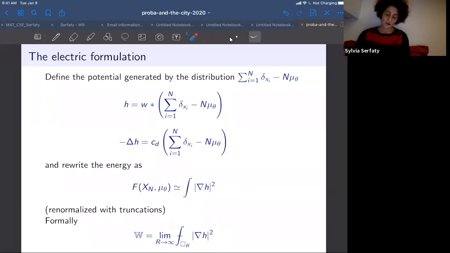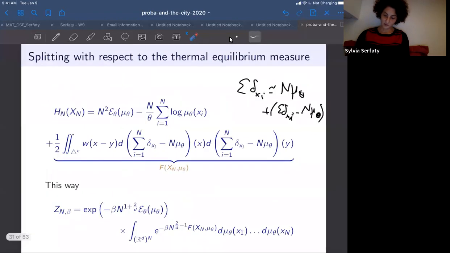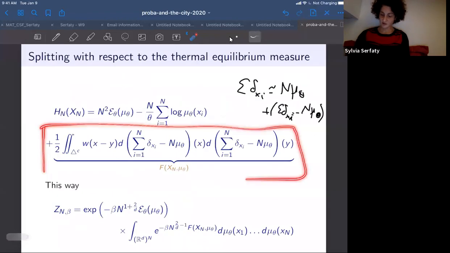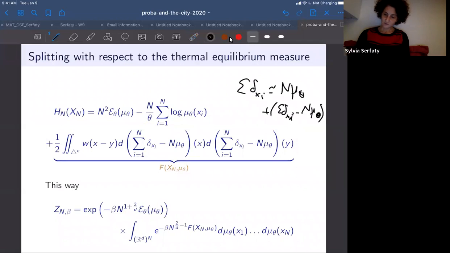Okay, and so now if you look carefully at what this definition is, this thing is formally the same as H times minus Laplacian H. Because H is the convolution of W with the distribution, and the distribution here is the Laplacian.